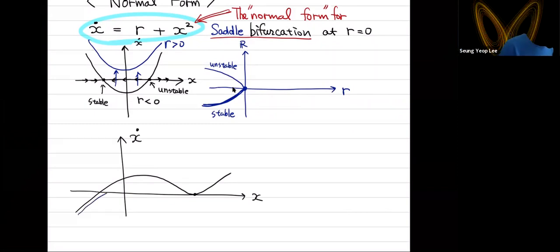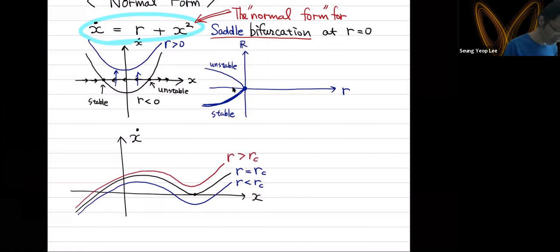This is happening at some critical value: on one side when r is less than the critical value, and the other case when it's bigger.